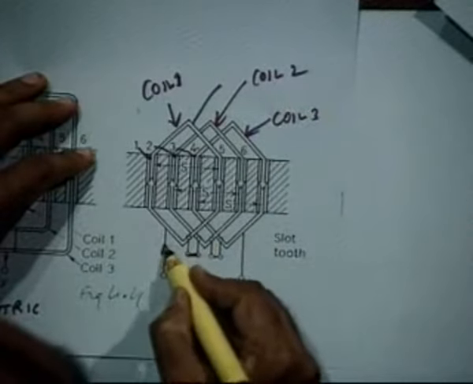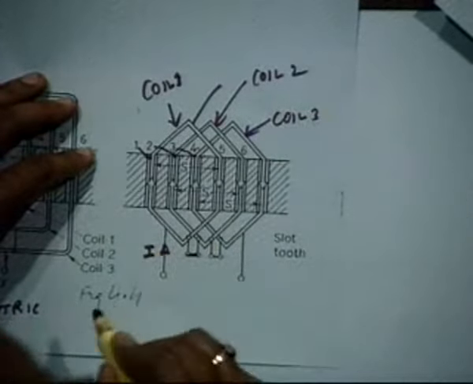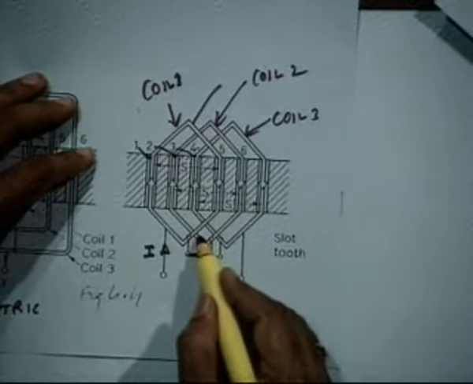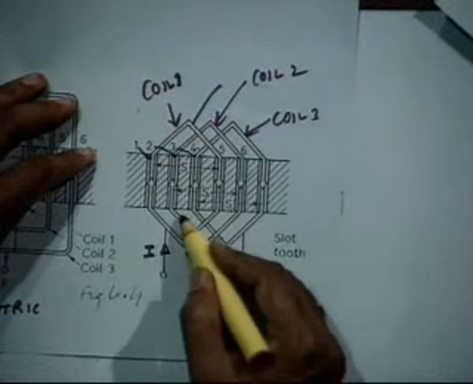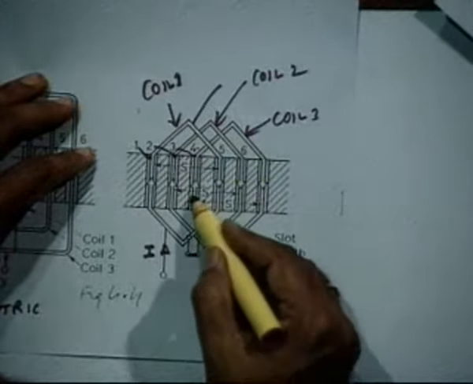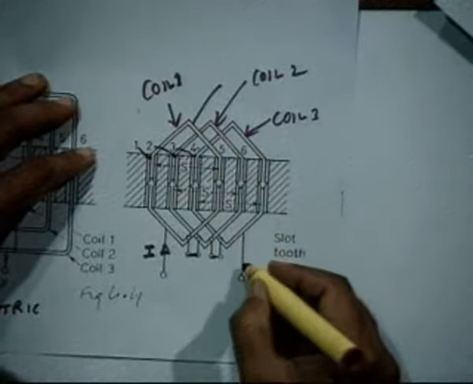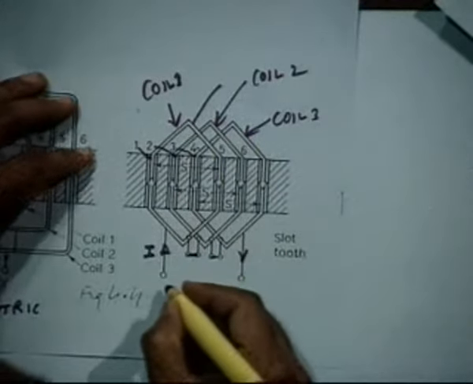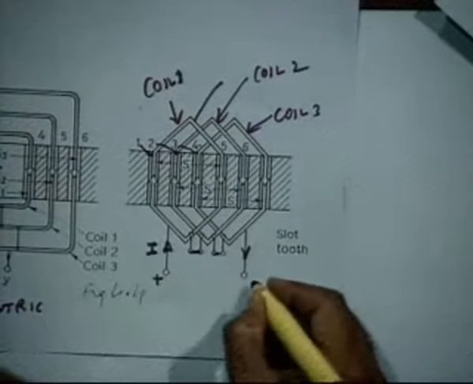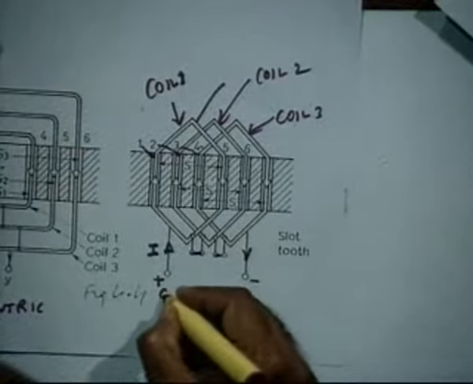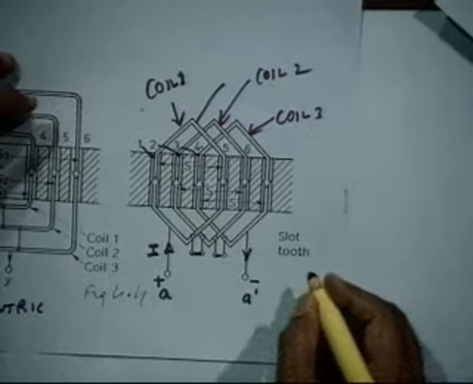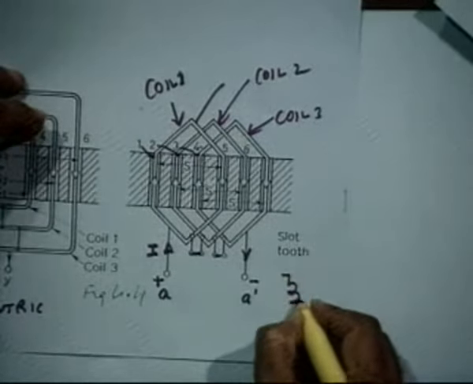So the current goes in, let us say I, goes through coil 1, jumps to coil 2, goes through coil 2, and then jumps to coil 3, and then comes out. This will be, let us say, the plus point of the coil and the minus point of the coil, or if you say A dash or something. So we can represent this by a coil like this.